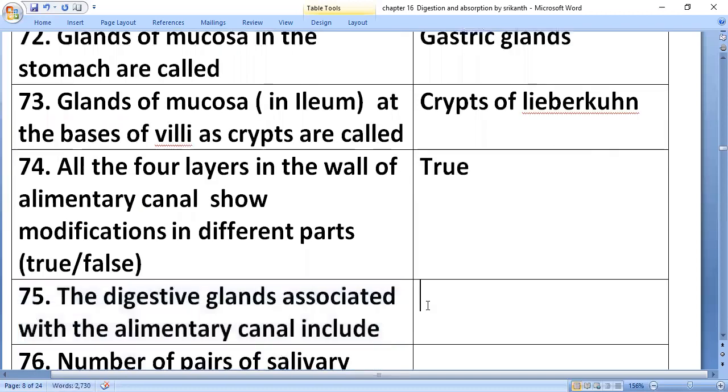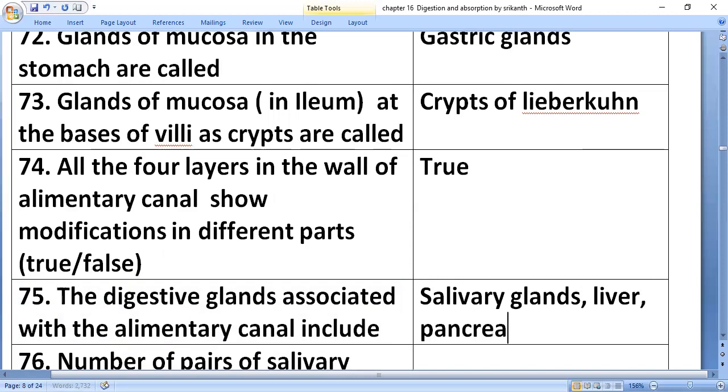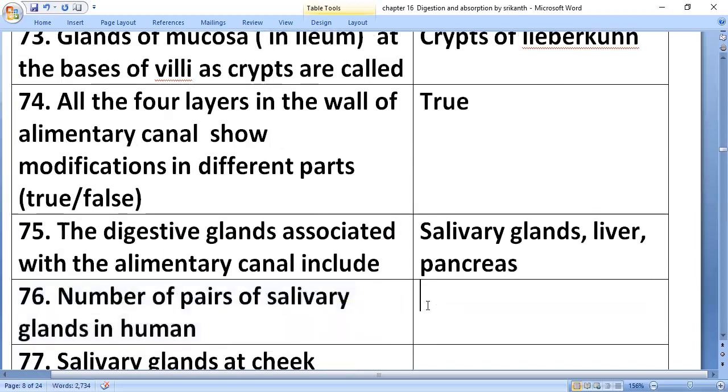Yes, true. The digestive glands associated with the alimentary canal include salivary glands, liver, and pancreas. Number of pairs of salivary glands in human: 3.